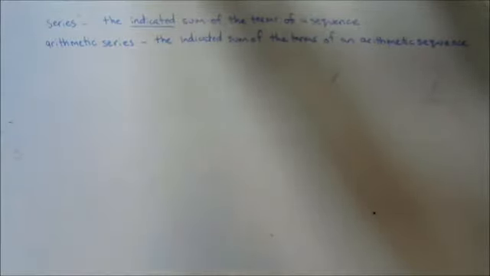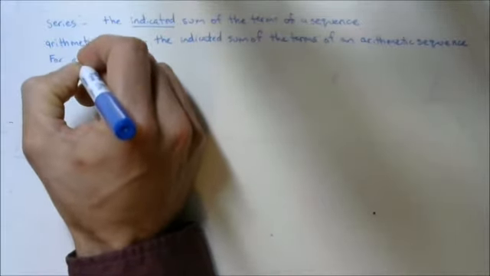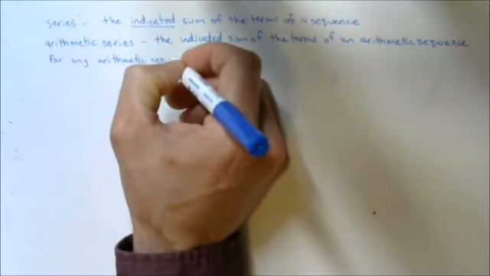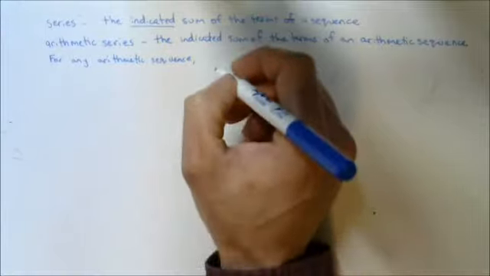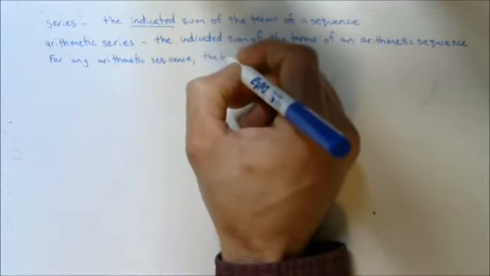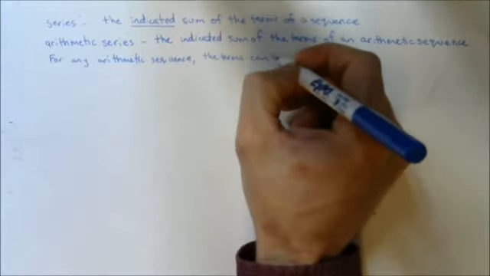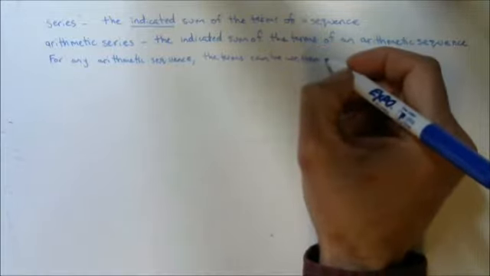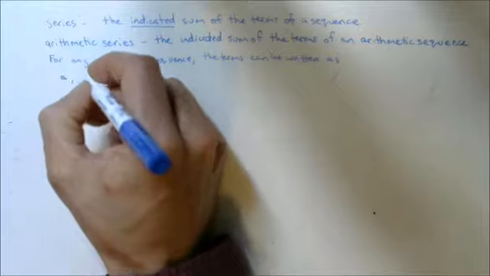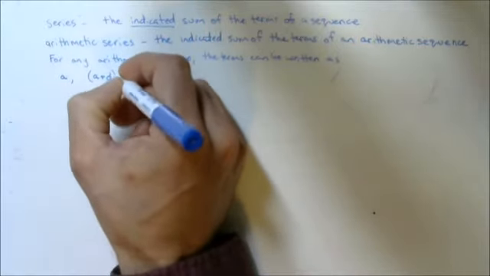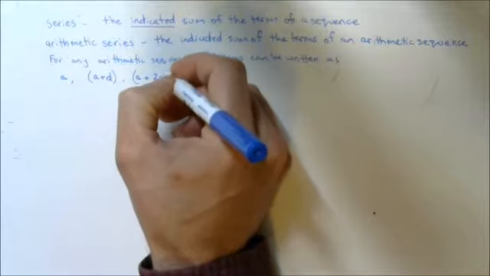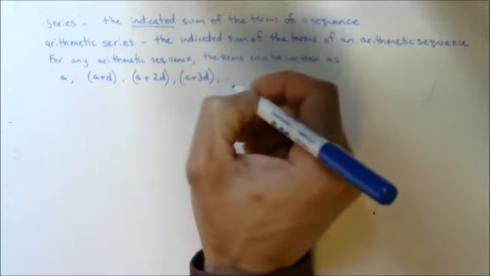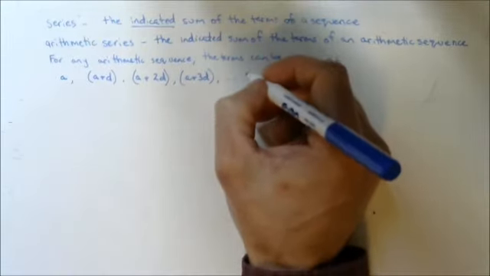For any arithmetic sequence, the terms can be written, and this we're familiar with, as a, comma, a plus d, comma, a plus 2d, comma, a plus 3d, comma, etc., until we get to the last term.